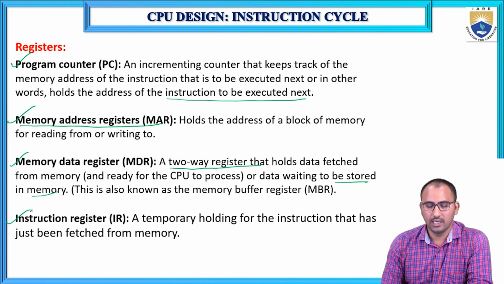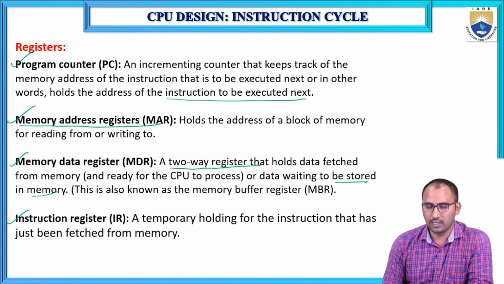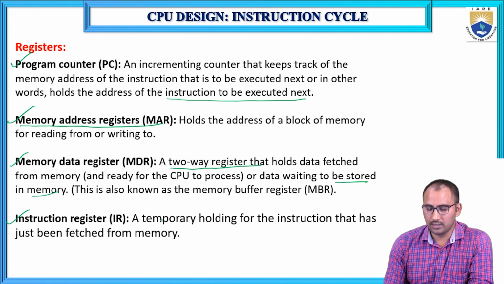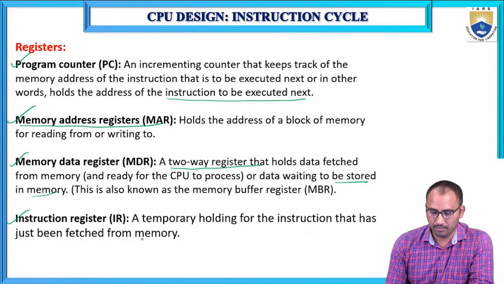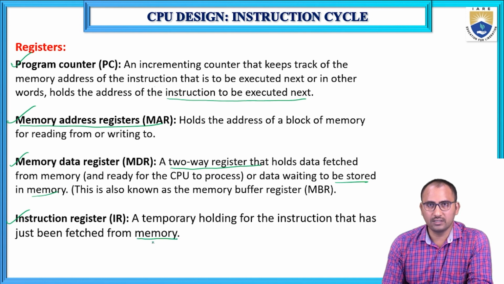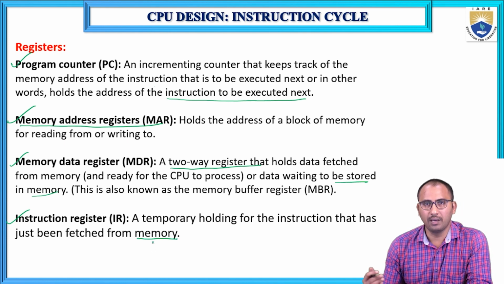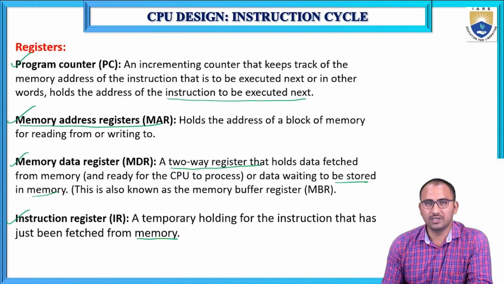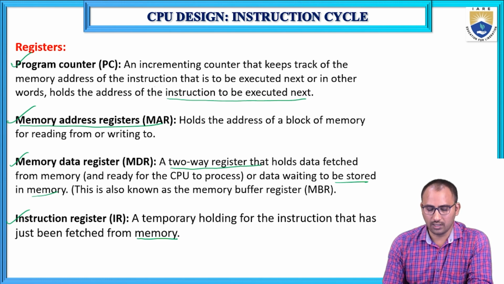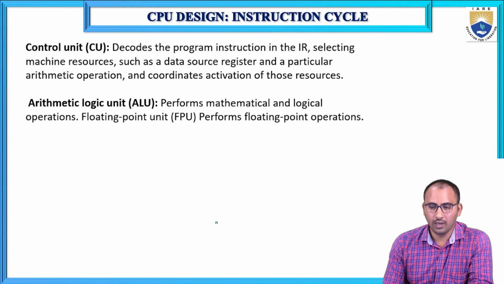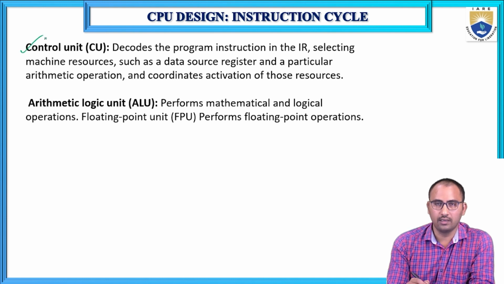And coming to the instruction register, it is a temporary holding for the instruction that has just been fetched from the memory. Once the instruction is fetched from the memory, it is placed in the instruction register. Then the control unit.